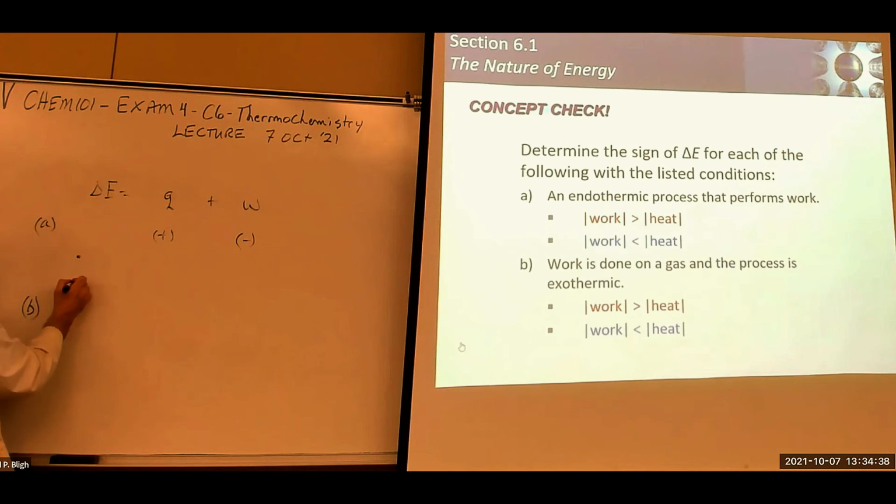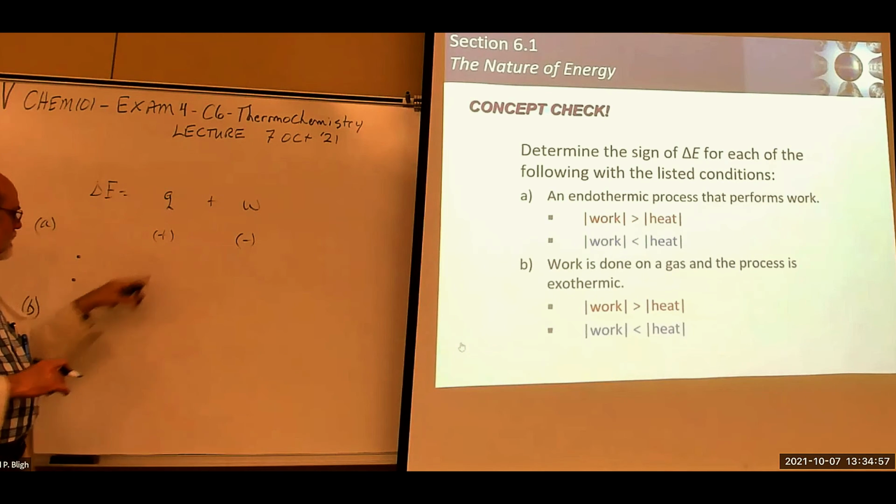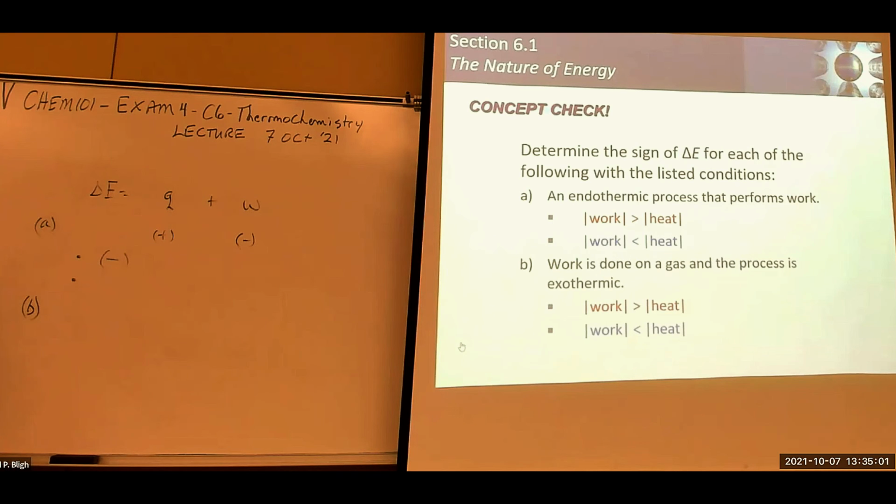So in that case, if the absolute value of work is greater than heat, in other words, if the scalar quantity, if the values are bigger without the sign, if work is greater than heat, then delta E is negative. But if work is less than heat, then the value is positive. For delta E, internal energy change is positive.